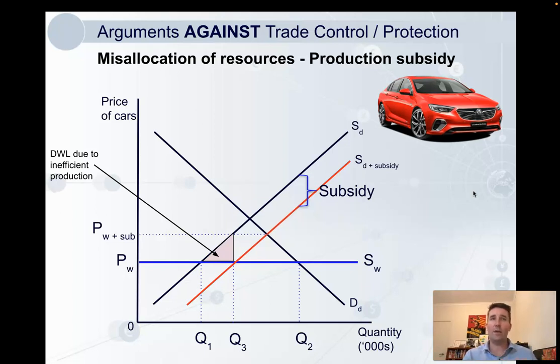We now have more inefficient local firms producing the quantity between Q1 and Q3. That's why we get this inefficiency, because Australian firms just aren't as good at making cars. And the more efficient foreign firms are producing a smaller quantity now. That's why we only have this one quantity due to the inefficient producers.